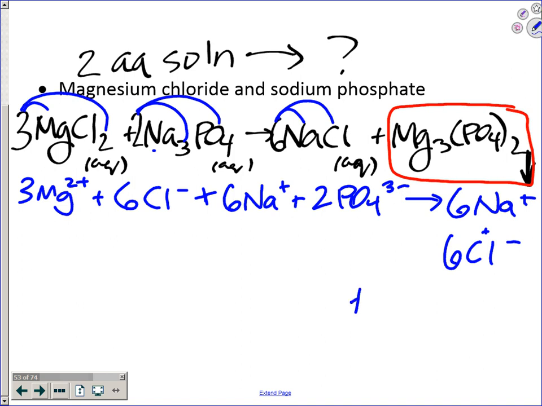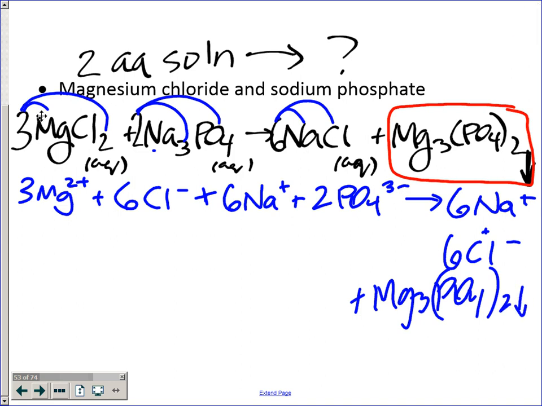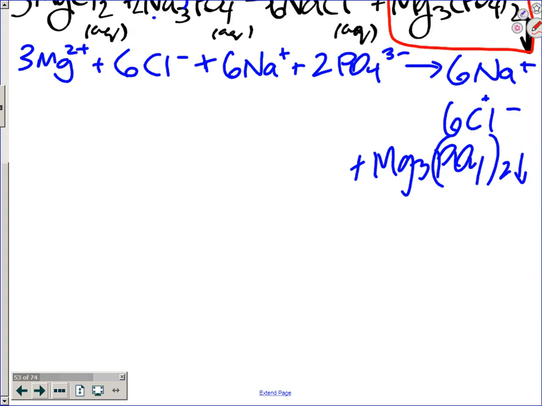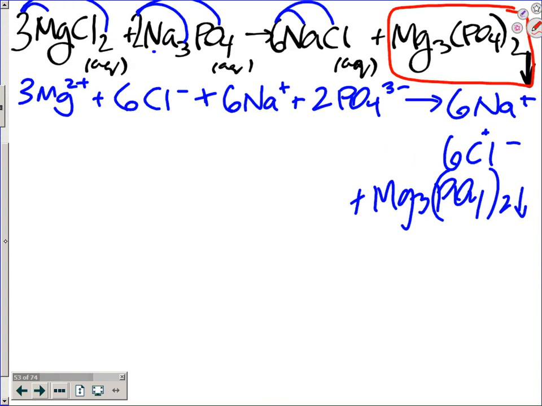I just write it down, right? Mg3(PO4)2 precipitating. All right, who's staying exactly the same from left to right, meaning they are identical in reactant form and product form? Sodium ion and chlorine. Good. There's 6 chlorine ions and 6 chlorine ions. Cross those out. Those are canceled as spectator ions. And there's 6 sodium ions and 6 sodium ions. Cancel those out.